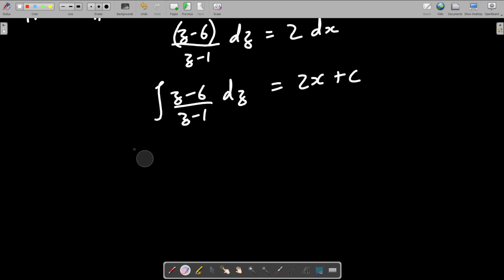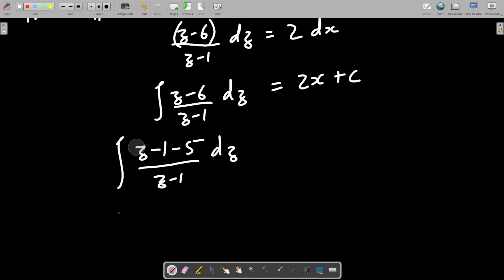So this is z minus, I can write this as z minus 1 minus 5. So this will become equal to the integral of (z minus 1 minus 5) upon (z minus 1) dz.